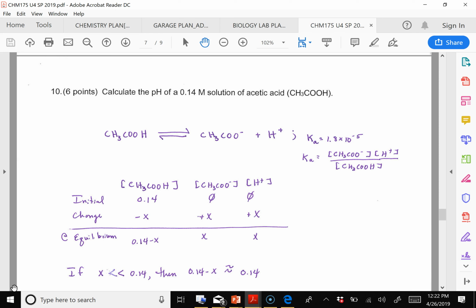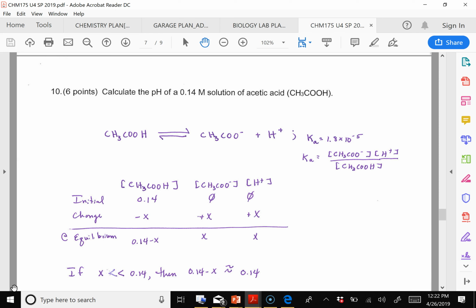So this goes back to when we did equilibrium constant expressions, and we need an ice table. So we have an initial molar concentration of your unionized CH3COOH, its conjugate base, the CH3COO negative, that's the acetate ion, and the H plus. And in our ice table, of course, we have minus X, plus X, plus X, and these are equilibrium concentrations.